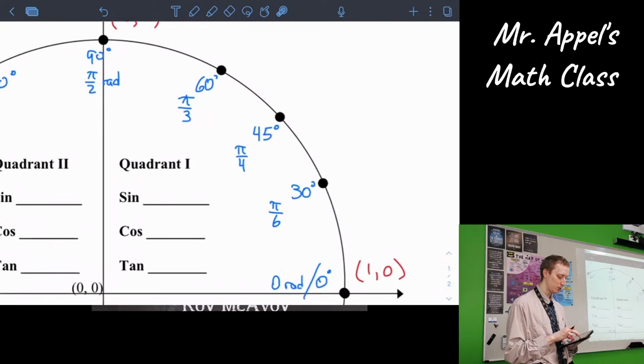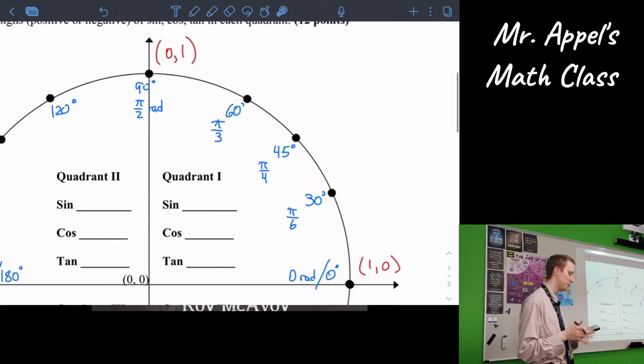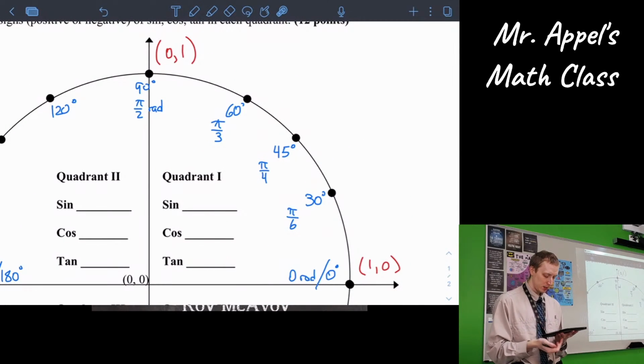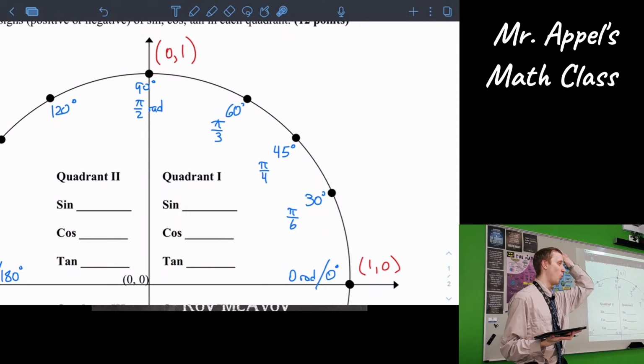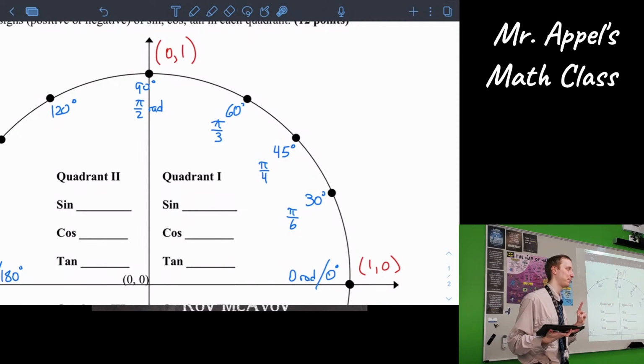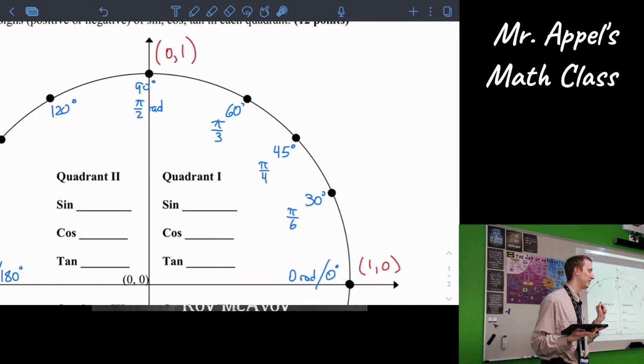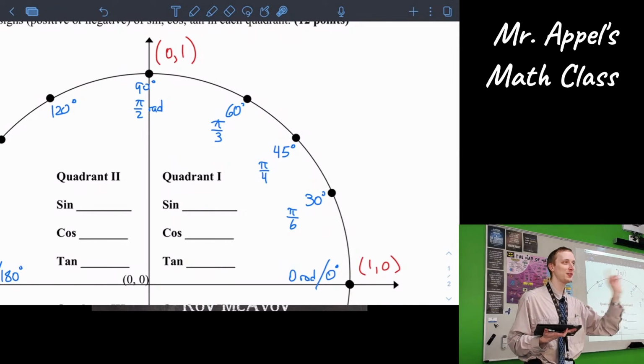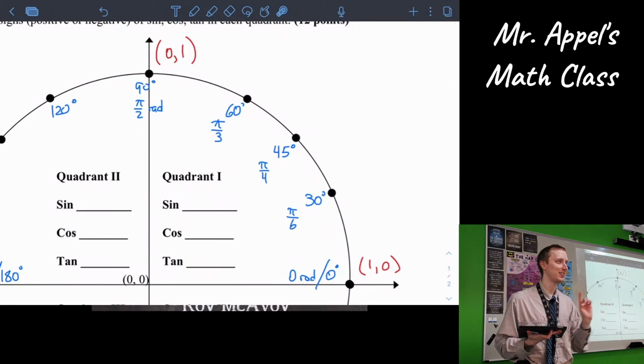Zooming back in on just the one quadrant here, because this is the most important bit. This is all we need. I told you to memorize 1 trig ratio. What was that? Sine of what angle? 30 degrees, very good, is what?